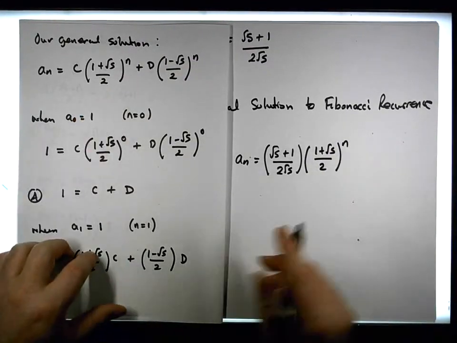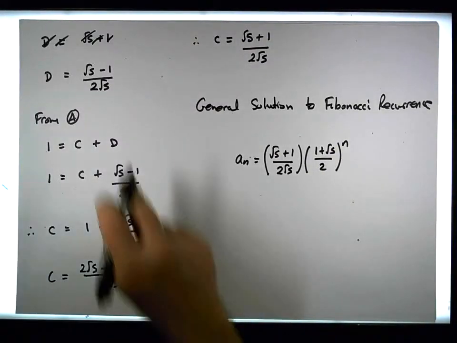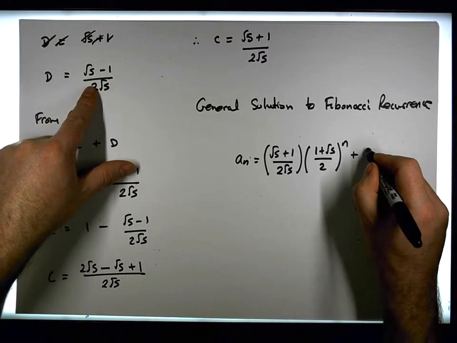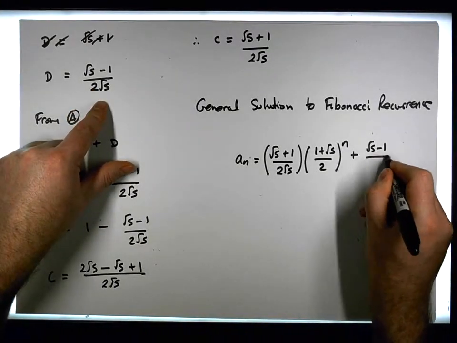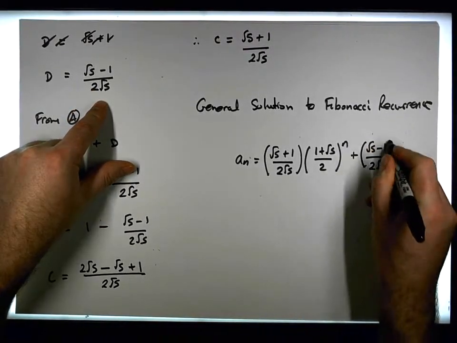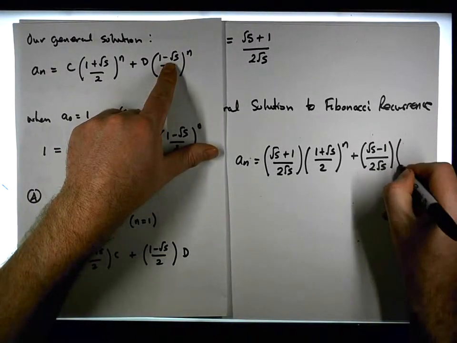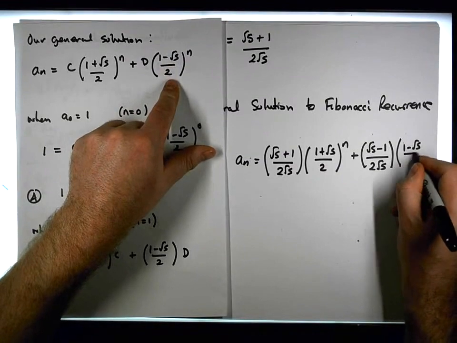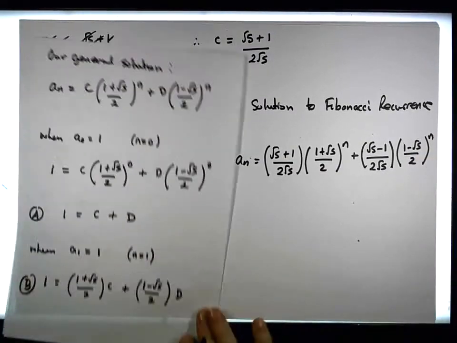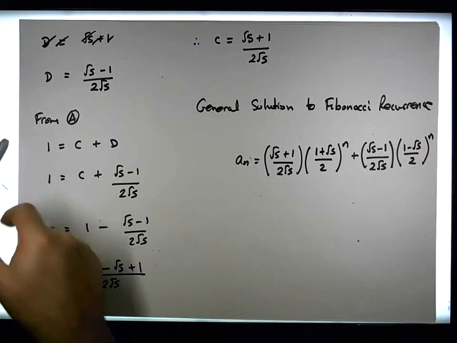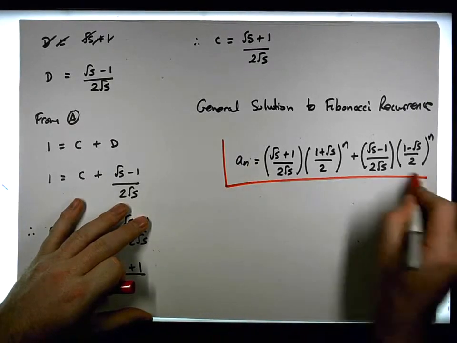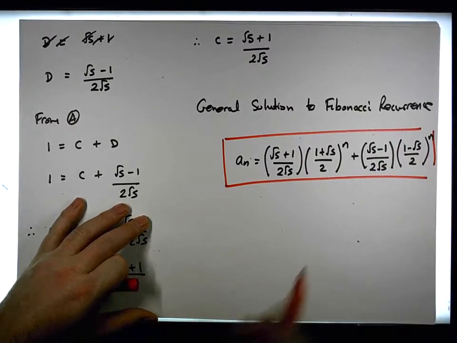Plus the d value, well, we know what d is, so it's plus d, which is root 5 minus 1 over 2 root 5, times, well, the R2 was 1 minus root 5 over 2 raised to the power of n. So this here is our general solution now to the Fibonacci sequence.